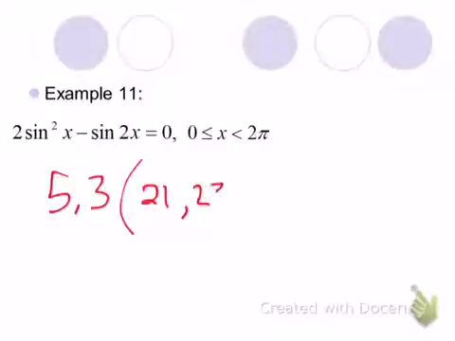You're going to have to use your calculators for those, because they won't be exact values. Like 21 is tangent of theta equals negative 15 over 4. So you'll have to do inverse tangent of negative 15 over 4 to find out what the angle is and then put it in the correct quadrant. Again, 21 and 23 will be a little tricky.